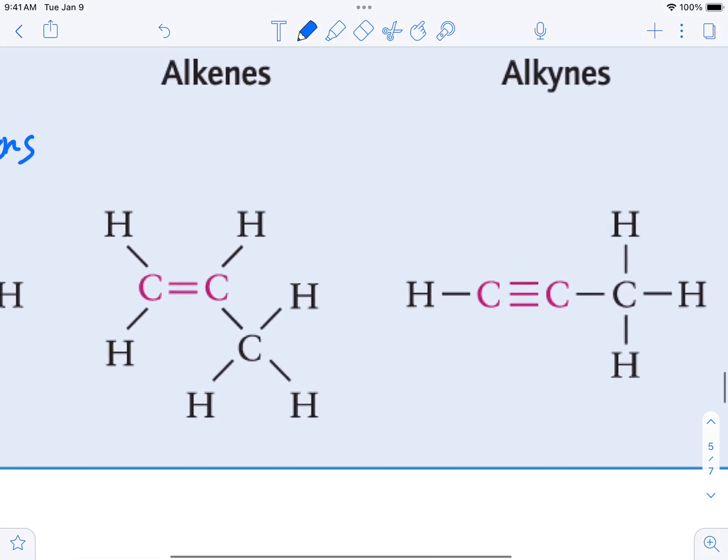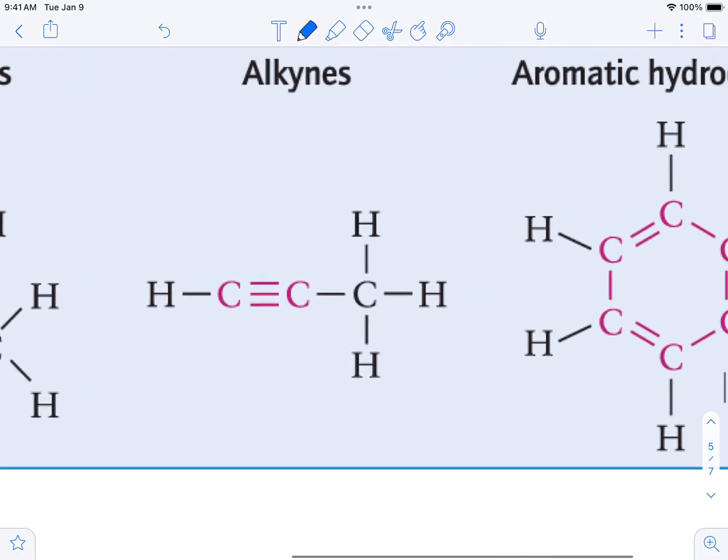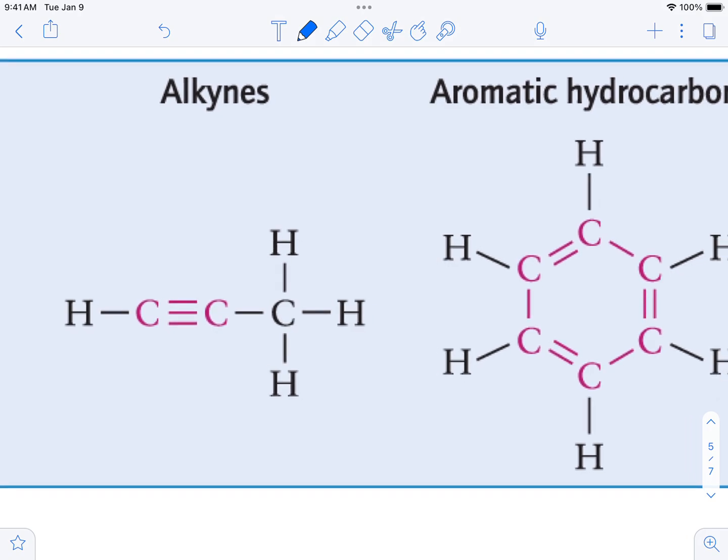Your alkenes, notice that at least one of your carbons, in this case 2, have a double bond. Your alkynes, notice you have a triple bond here.